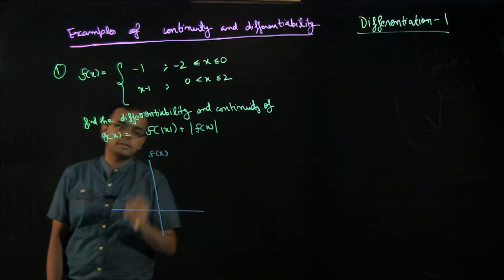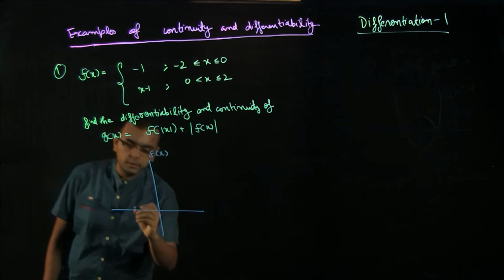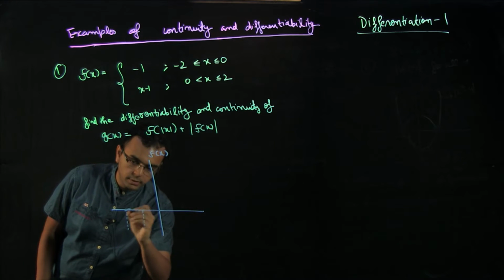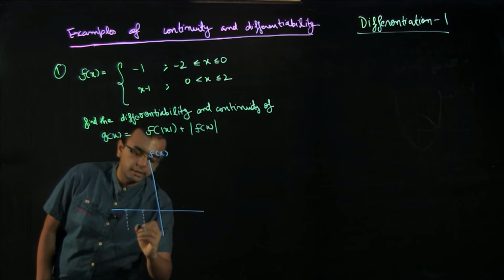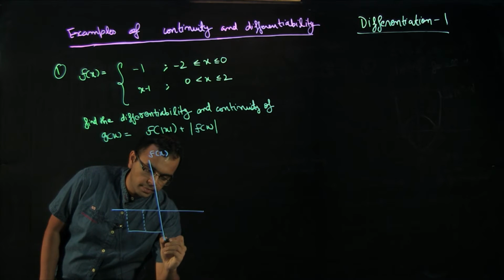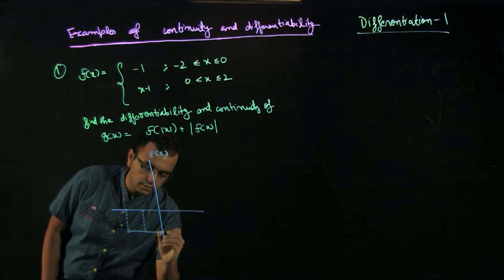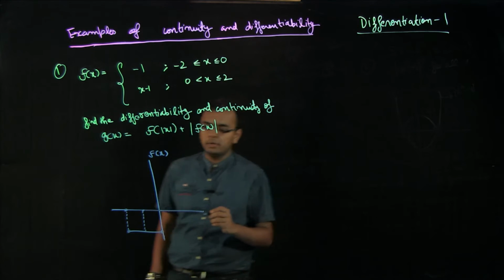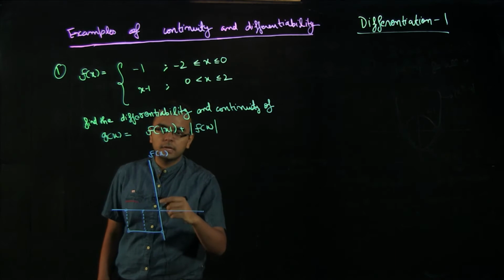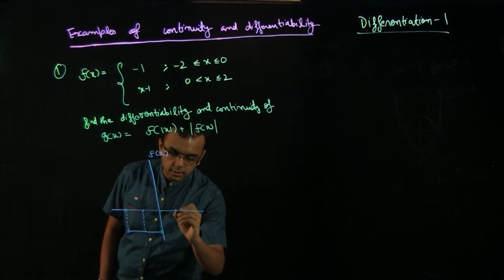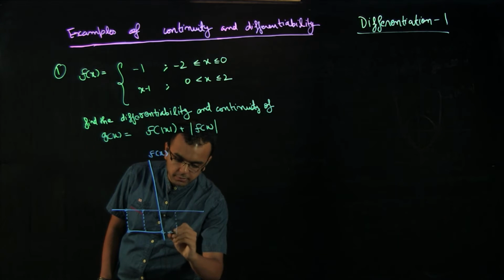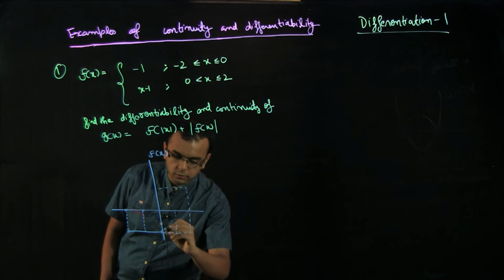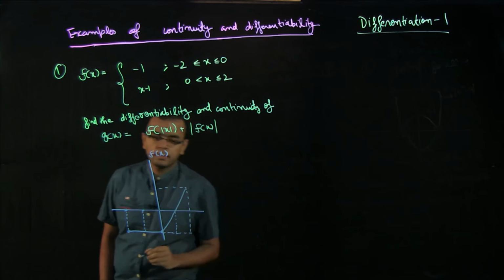If we have f(x) like this, then this is, let us say, minus 2, this is minus 1. So you have been given the value as minus 1 for both of them, from here to here. And then you have been given x minus 1 between 0 to 2. So if you put 0, this will be minus 1, and if you put 1, it will become 0, and if you put x equal to 2, y is equal to 1, so this will be something like this.